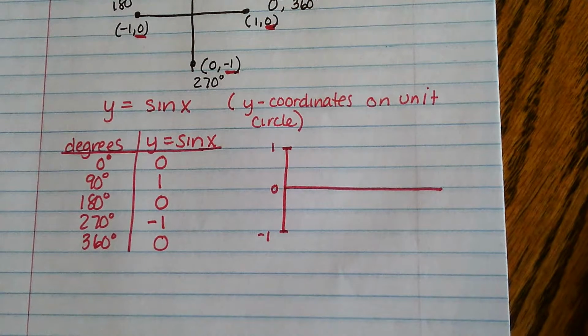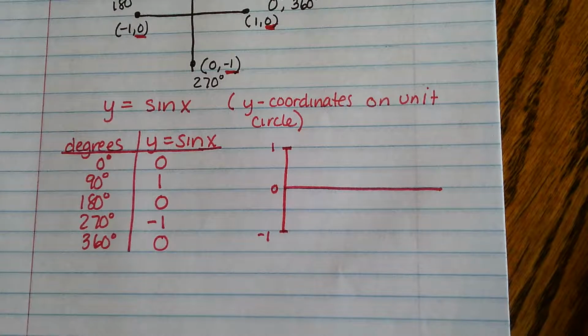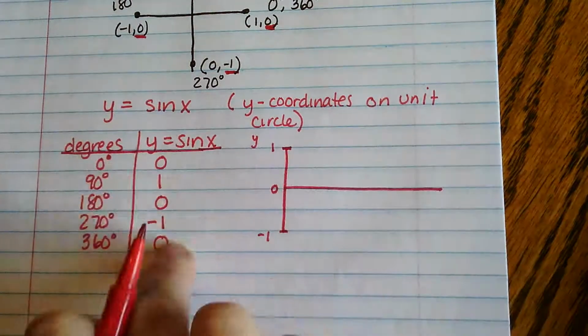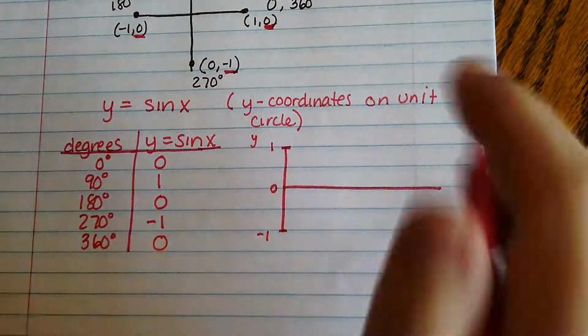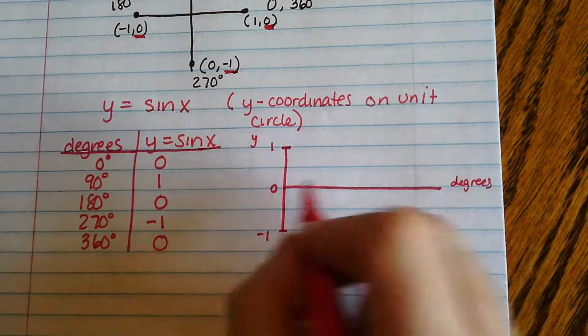And basically, that represents the height. And then across here will be the degrees. So y represents the heights. These are the heights. And then the x is the degrees. Now here's 0 degrees.